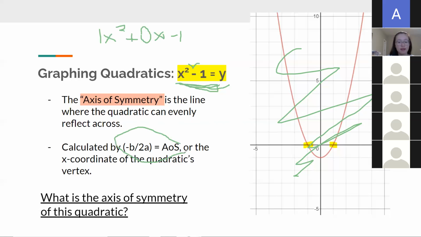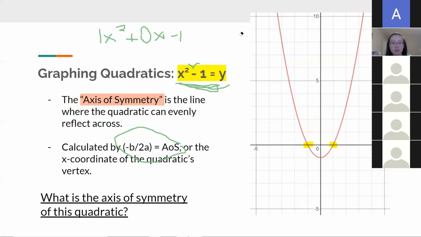So our formula is negative b divided by 2a. So let's actually do it algebraically. What is our negative b?